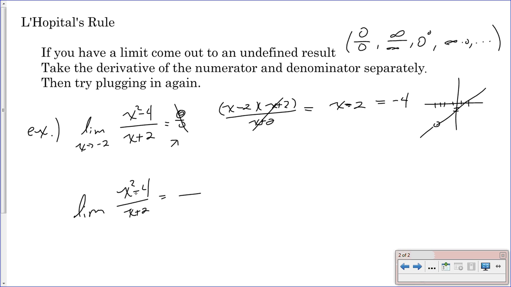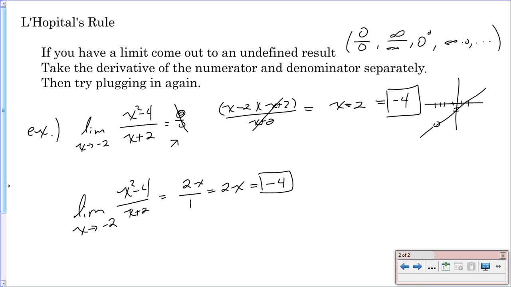The derivative of x squared minus 4 is simply 2x. The derivative of x plus 2 is simply 1. So that's 2x, and as x approaches negative 2, direct substitute that in to get negative 4. As you can see, they both give us the exact same answer.